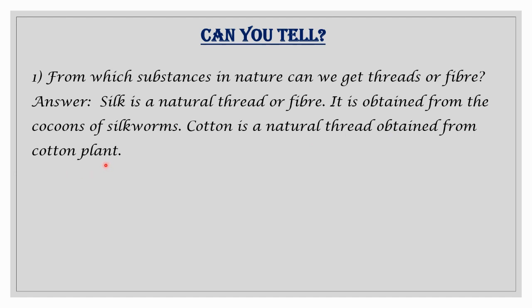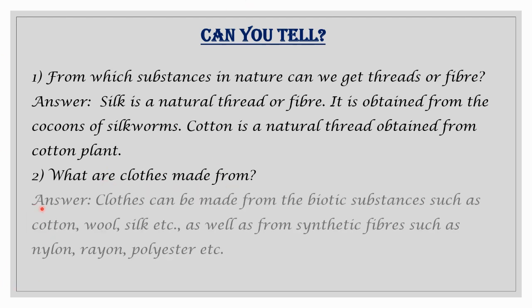Now students, what are clothes made from? Yes, clothes can be made from biotic substances such as cotton, wool, silk, etc. as well as from synthetic fibers such as nylon, rayon, polyester, etc.